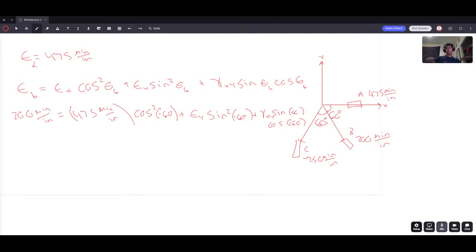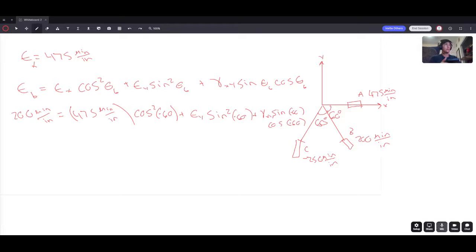We can simplify this down. Where's my calculator? So 475 times cosine of negative 60 squared is 118.75. Subtract that over. So we get 200 minus 118.75.